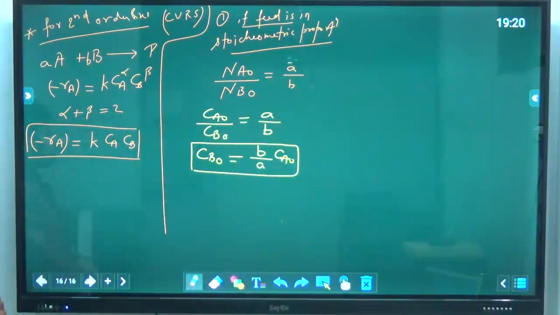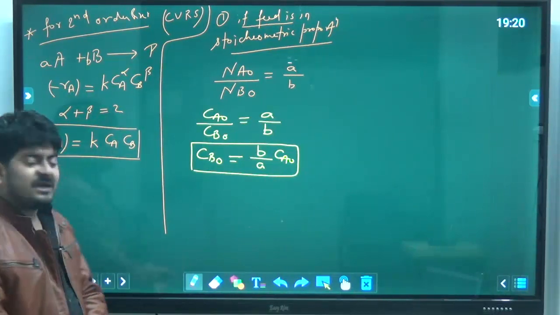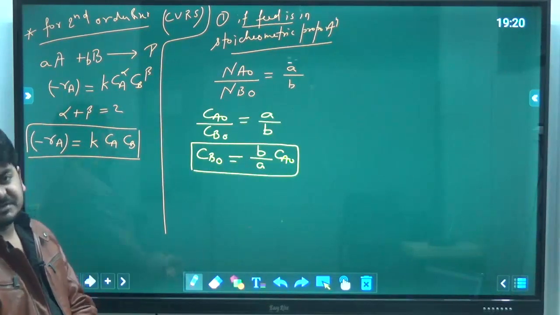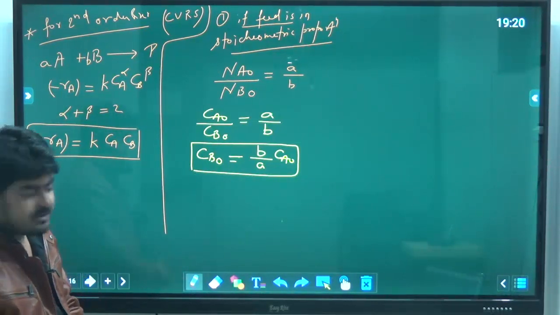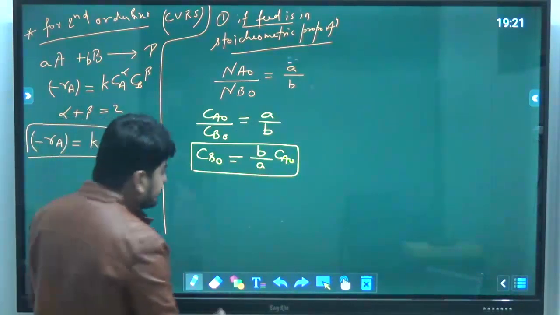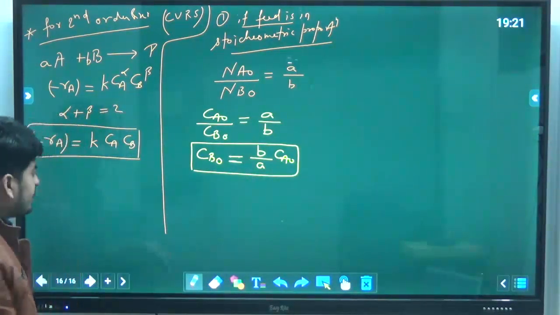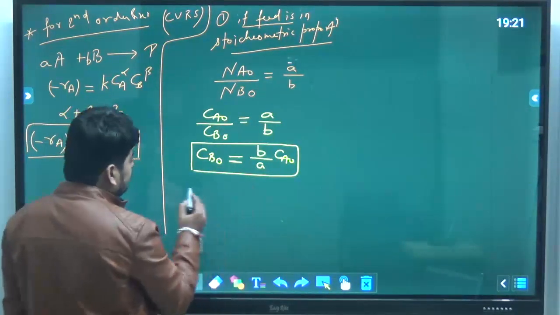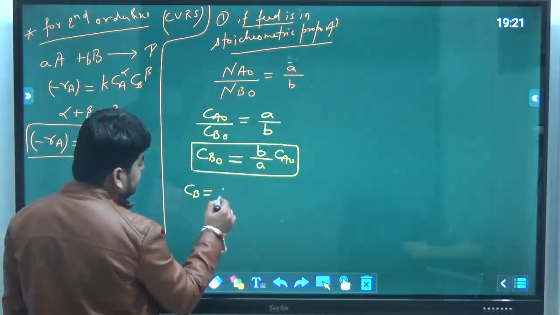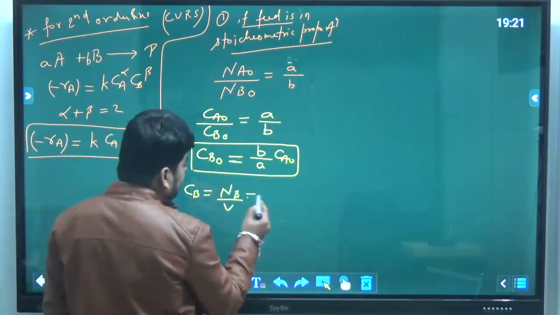Okay, so what to do now? What to do with this? How to find out the kinetic equation? We can find out the kinetic equation either in terms of conversion or in terms of concentration. So let's understand that in terms of conversion only, because it will be quite simple to derive. Anyways, you can do that in terms of concentration as well. I will discuss both the methods here. So we know that Cb is defined as Nb over V. What is Nb?